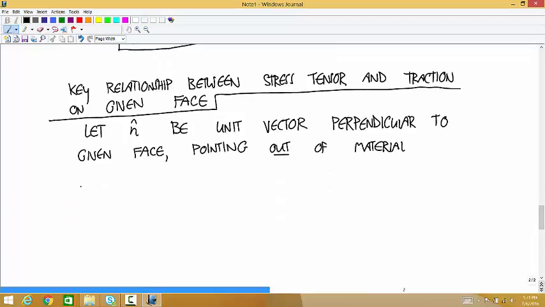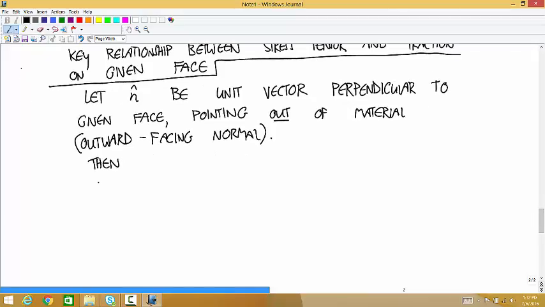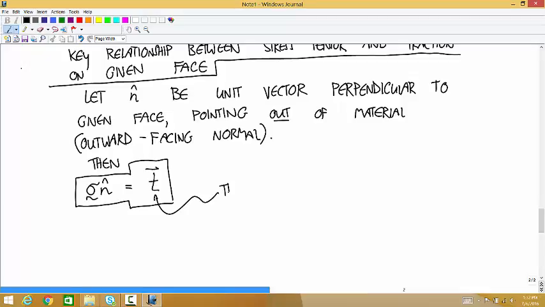This is what people call the outward facing normal. Then the stress tensor multiplied by the outward-facing normal vector gives you the traction vector on that face. This is the traction vector on the given face.